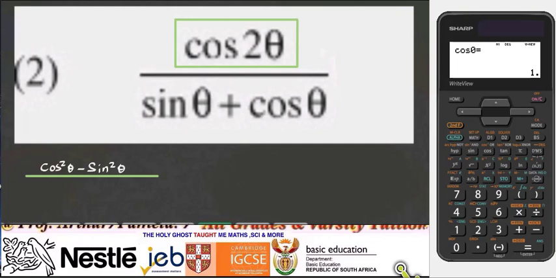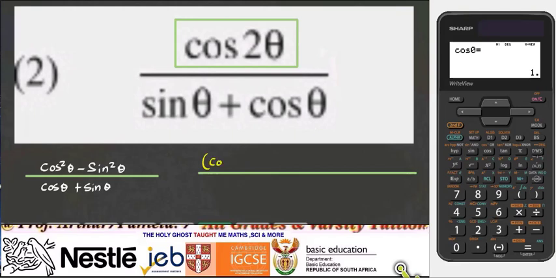There we go. And then at the bottom, you still have sine. Well, you can rearrange this. It doesn't matter. It's the same thing by putting cos theta first, plus, and then sine theta next. Then the next thing that you need to do is to factorize the top because it's difference of two squares.